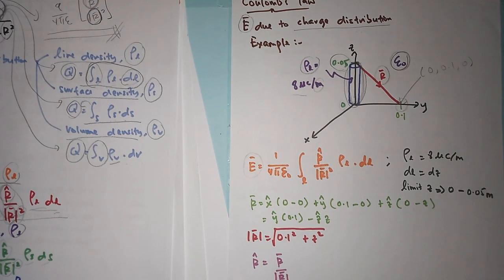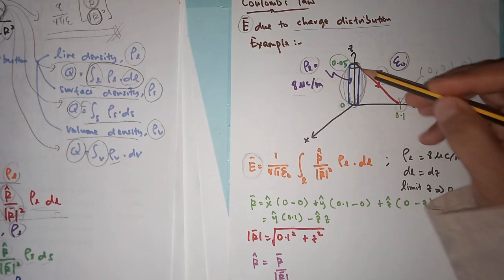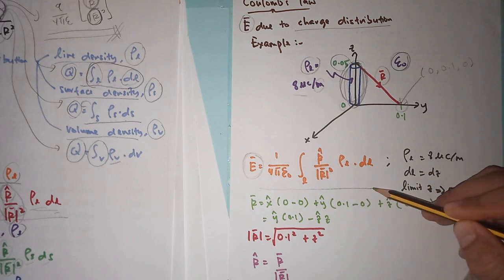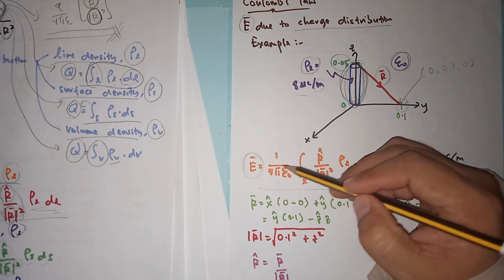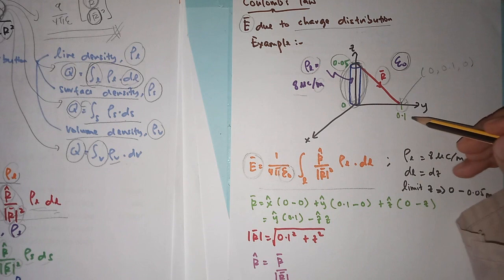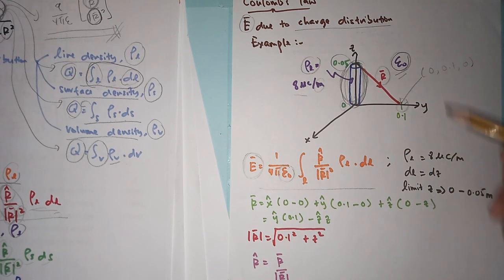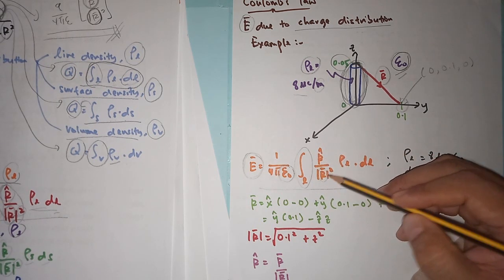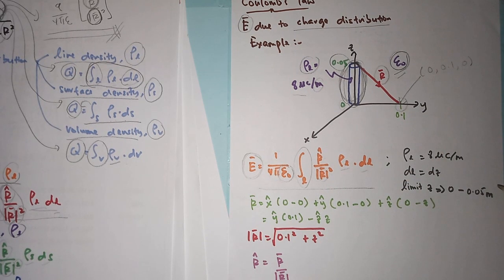In order to find it, we need to use this expression: the vector E is equal to 1 divided by 4 pi epsilon naught, using epsilon naught rather than epsilon because in this question the line charge resides in air, times the line integration of r cap divided by the magnitude of vector r to the power of 2, rho L dl.